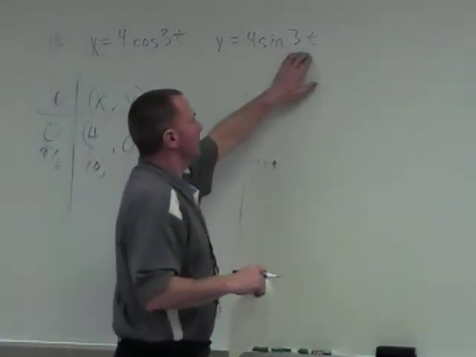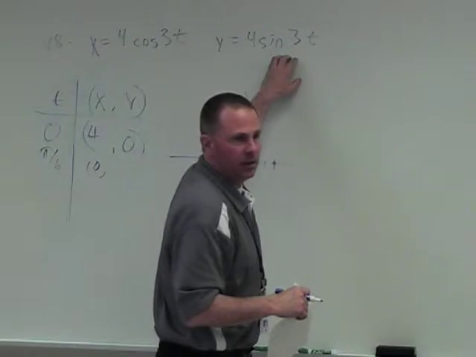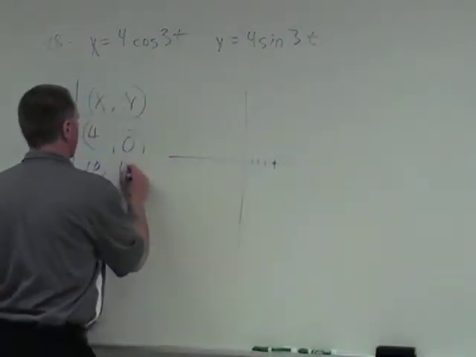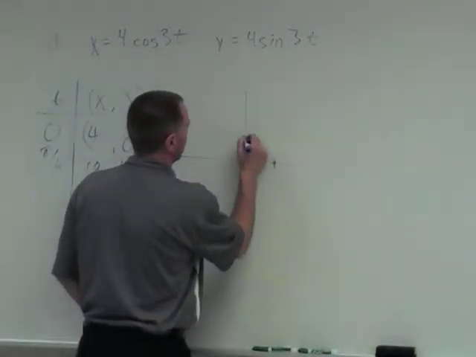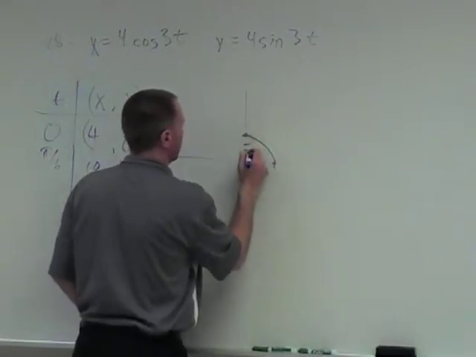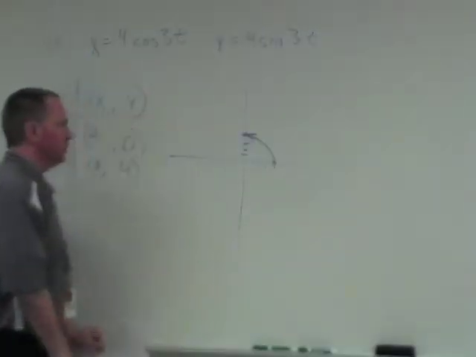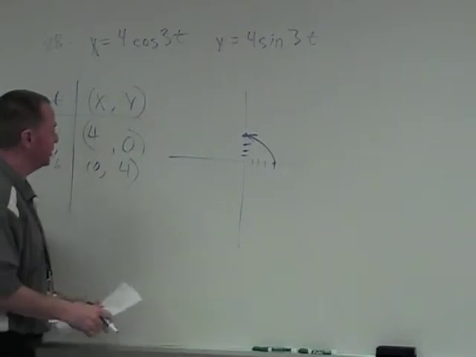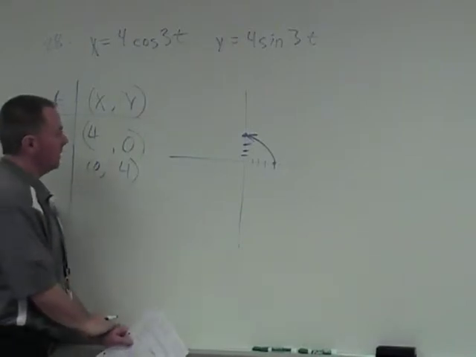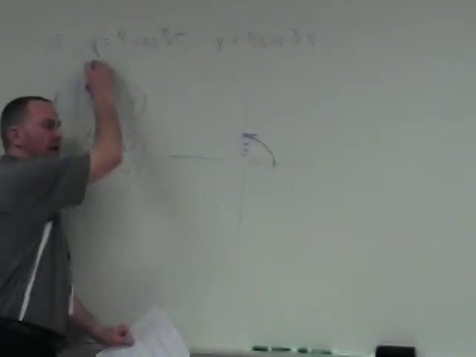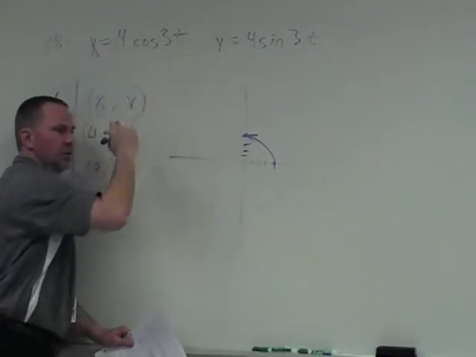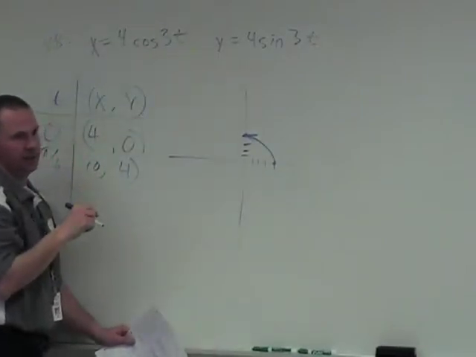What is the y value at 90? 1. 1 times 4 is 4. So here we have this direction happening. So we're going counterclockwise. Now my question to you is this. I'm not asking about x or y, I'm asking about cosine and sine.